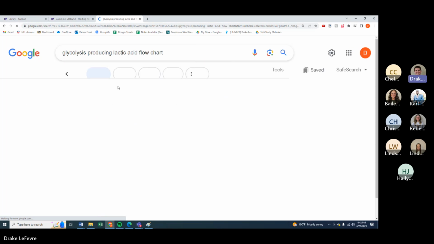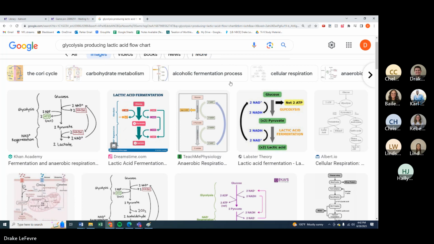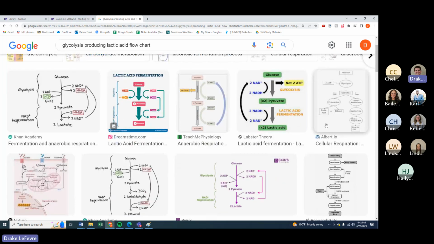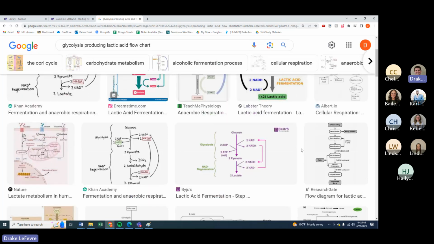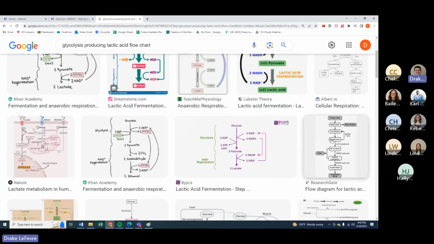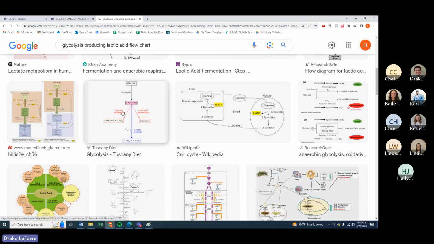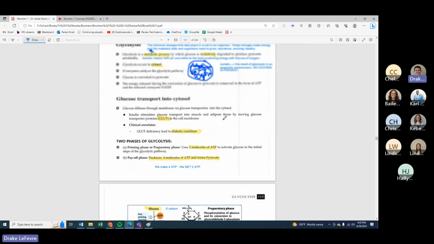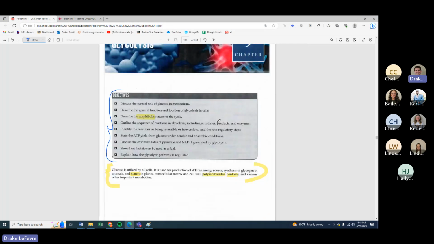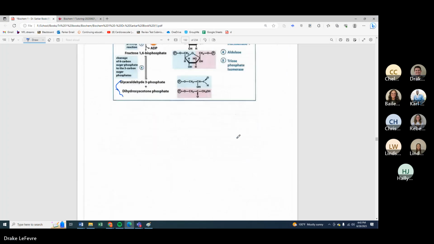Okay, actually, I'm going to clarify this a little bit because this is something I was a little bit off on. Technically pyruvate actually does get created, but it doesn't get converted to acetyl-CoA. So this is my mistake. Let me make sure that I correct this for you guys.